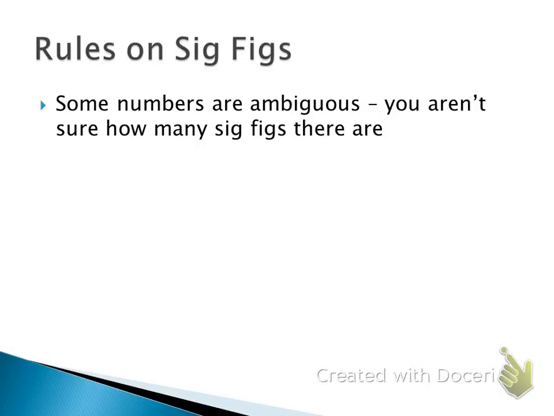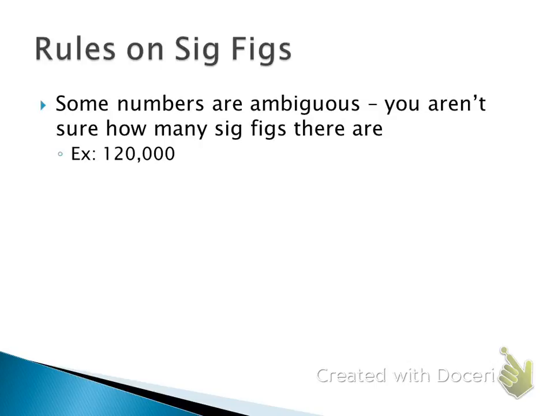Some numbers, we don't know how many significant figures there are, and they are considered what we call ambiguous. Ambiguous means we don't know how many significant figures we have. Ambiguous numbers are numbers that have what I call trailing zeros with no decimal point. So for example, this number, 120,000, we don't know how accurate that measurement is.